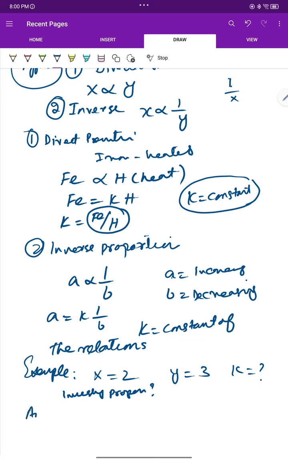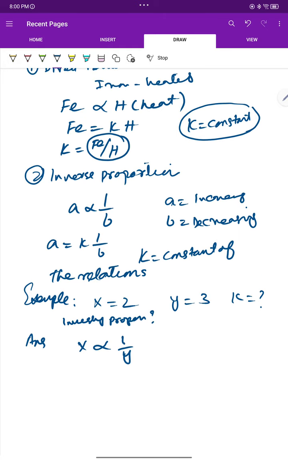So the answer: x is inversely proportional to 1 by y, because x is increasing, y is decreasing, one quantity is increasing, another is decreasing. We put the constant, what I showed you, k by y.